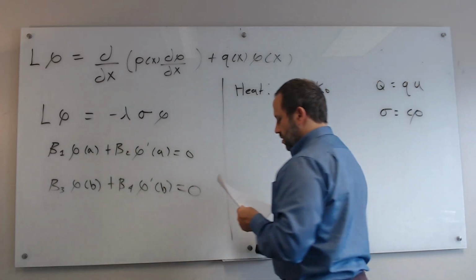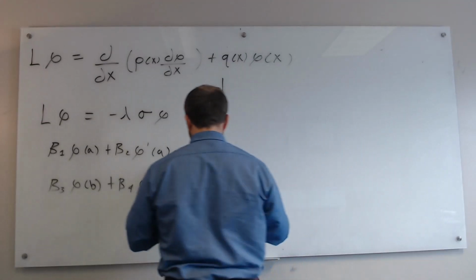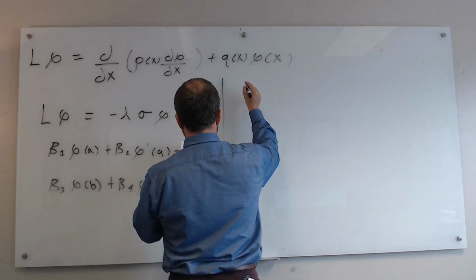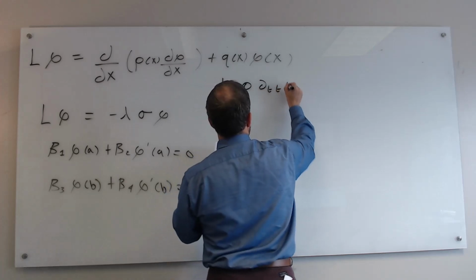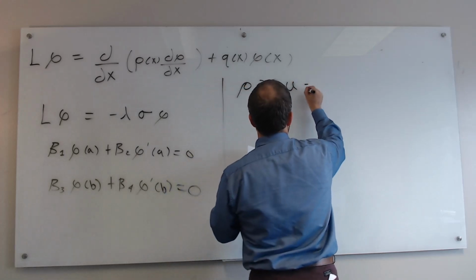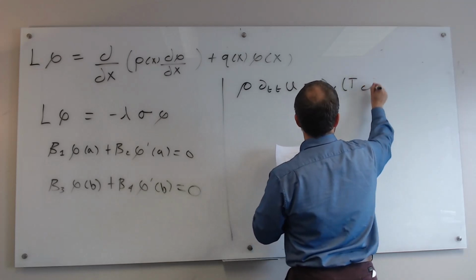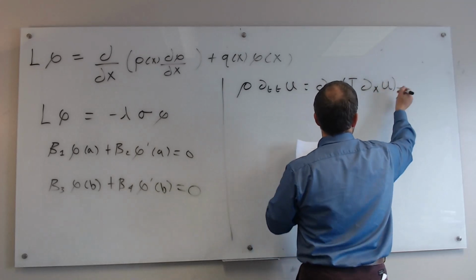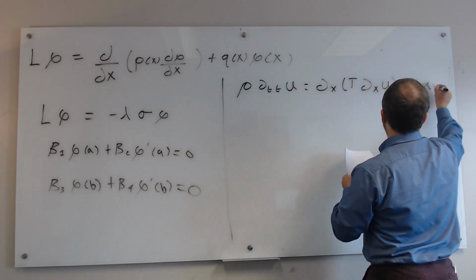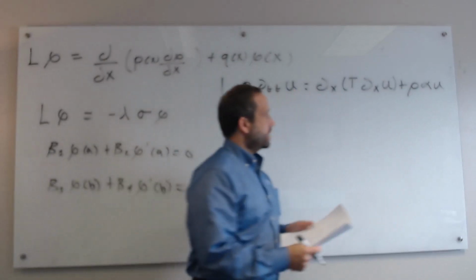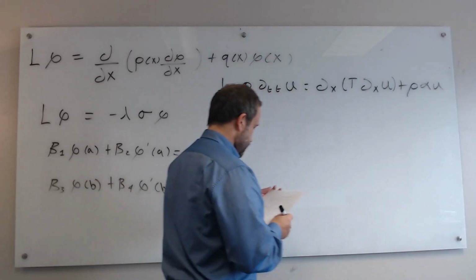If we looked at the string equation, so let me write down the string equation for a non-homogeneous string: rho times the second t derivative of U is equal to the x derivative of T, which is the tension in the string, times the x derivative of U. And then if we have some sort of external force, rho alpha U, like maybe the force of gravity or something, this is going to depend on U itself.